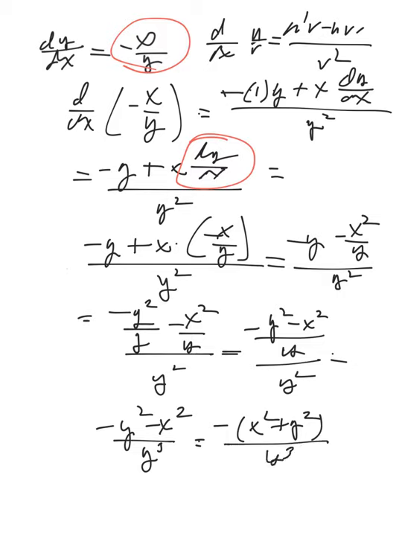Okay, and recall that the very beginning of the problem, x squared plus y squared was equal to 3. So you see we have x squared plus y squared right there. So that's a little trick.